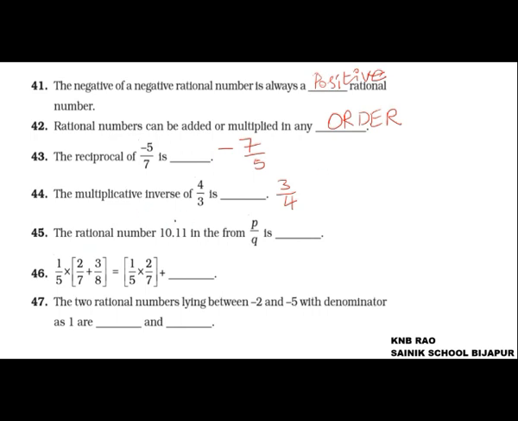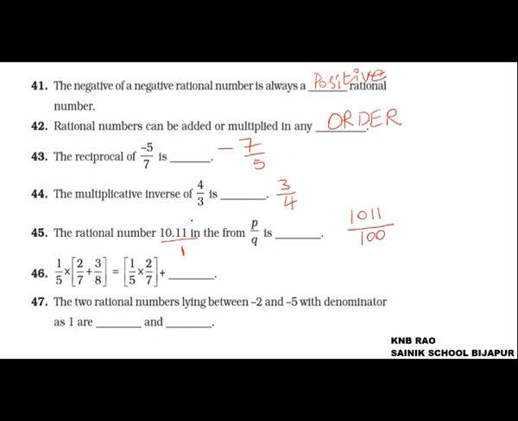The rational number 10.11 in the form of p/q is 1011 upon 100. To remove this point, we have to multiply this number by 100. It can be written as 10.11 upon 1.